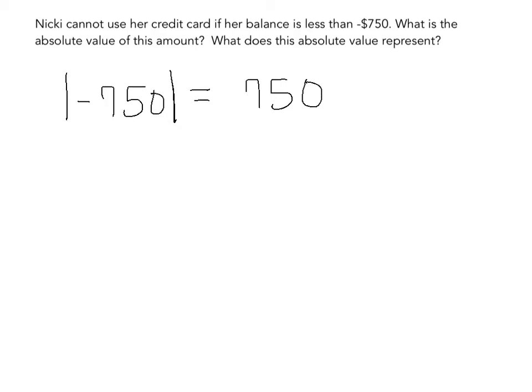Now, what does this mean? Well, you have to think about it like this. A balance less than 0 is a debt, or it's the money that you owe. So any negative balance, therefore, can be expressed as the absolute value of the number. Nikki's maximum debt is the absolute value of negative 750. Let's write that down.